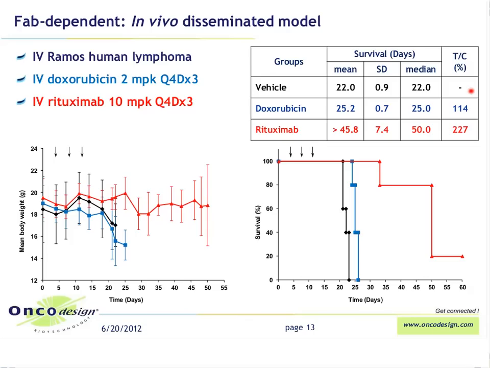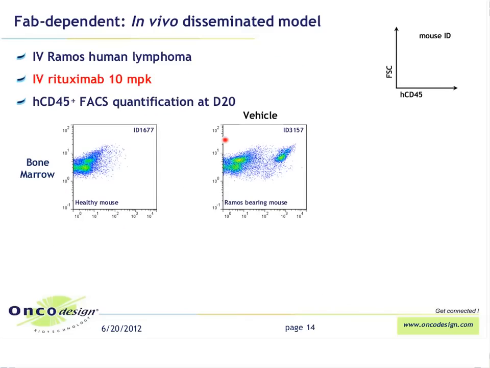For this model, an interesting assay is to analyze the charge in tumor cells instead of having only survival endpoints. For this disseminated lymphoma, we have identified various organs that are colonized by tumor cells, and the main location is the bone marrow of the mouse.